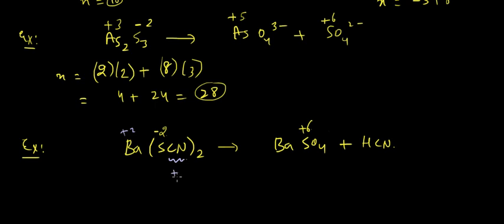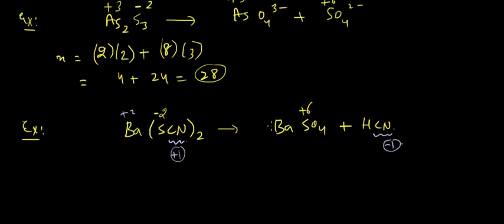So here the charge on whole CN is +1, and here the charge on whole CN is -1. So this is getting reduced and this is getting oxidized.